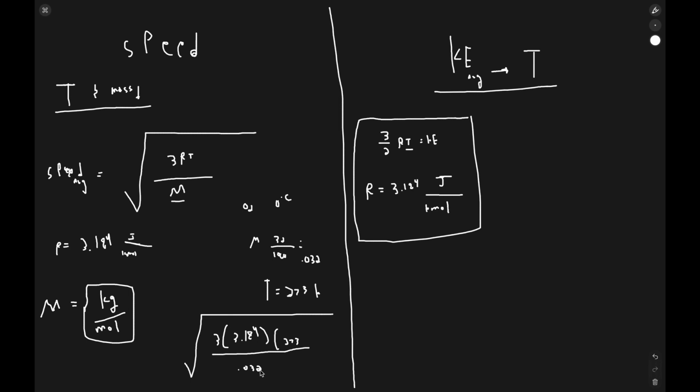You do the math, put it in the calculator, and you get 285. It's usually meters per second. So that's the speed of oxygen at 0 degrees Celsius. And yeah.